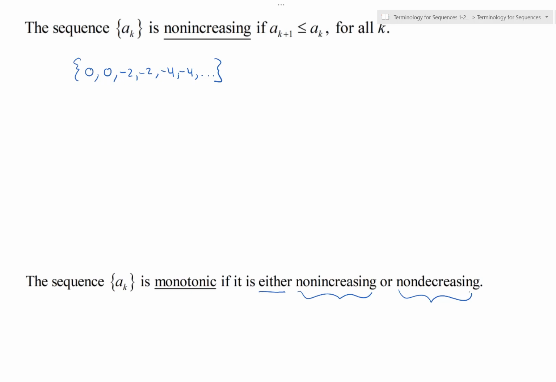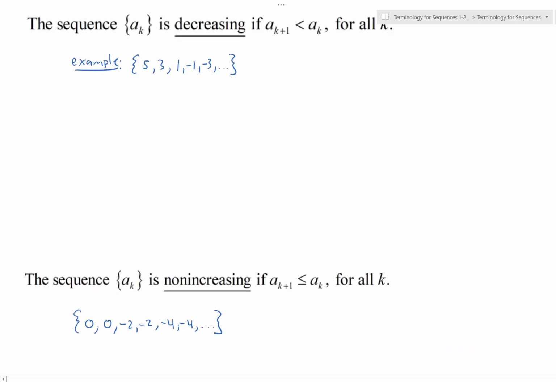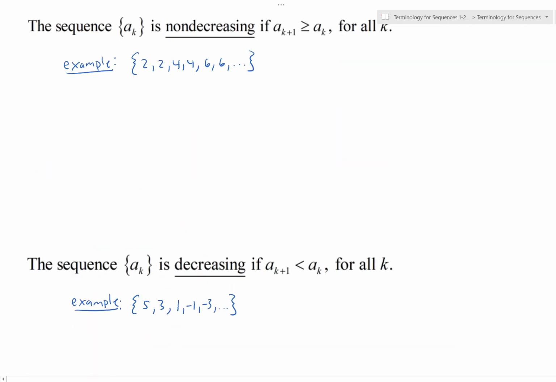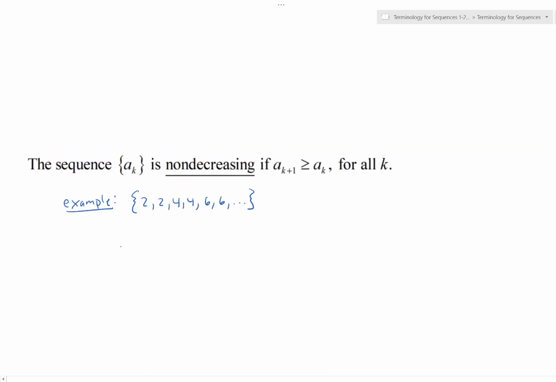So it basically moves in one direction, but it can be equal. The example we just saw above is a monotonic sequence. Or go back to the non-decreasing example, 2, 2, 4, 4, 6, 6, and so on. This one right here is also monotonic.